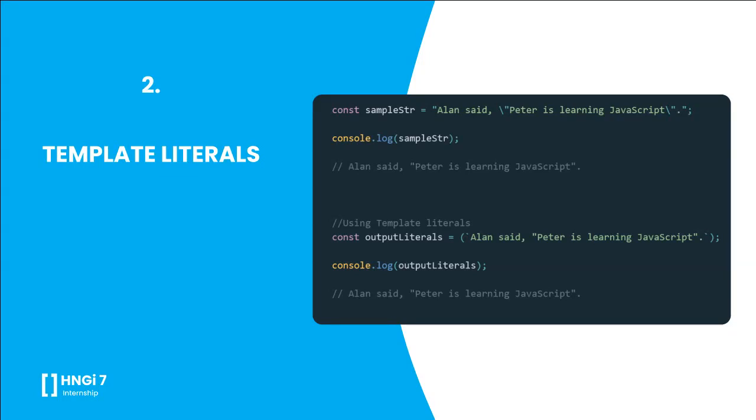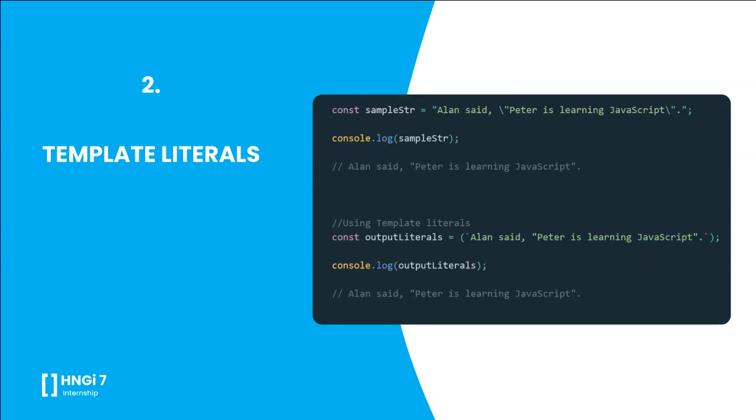Sometimes it is not very easy, because you need to leave a space at the end of the first string, or before the start of the second string. This can be very tedious to do if you have something very long to write. That's why we need to use template literals instead.